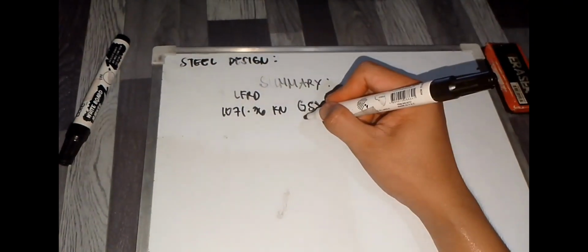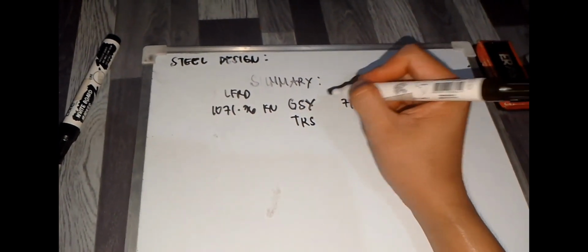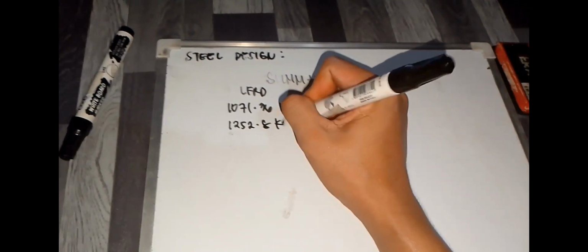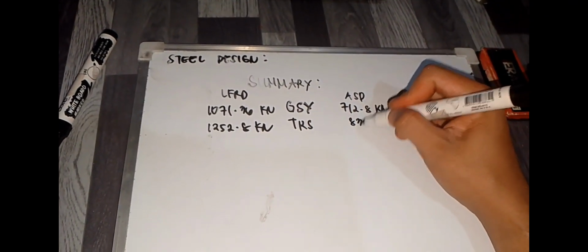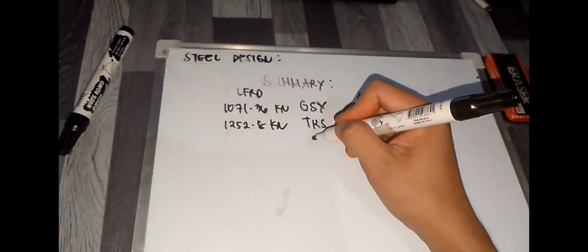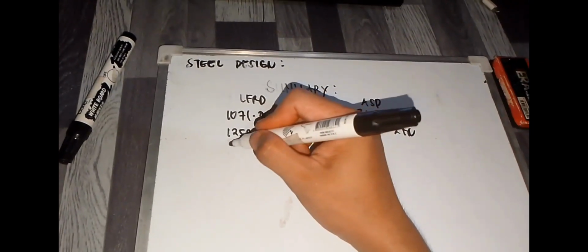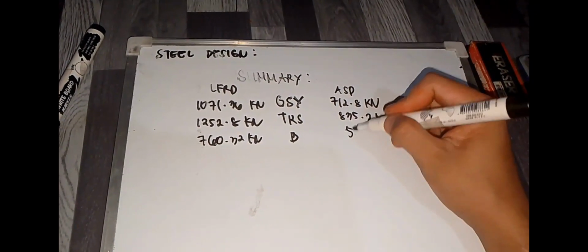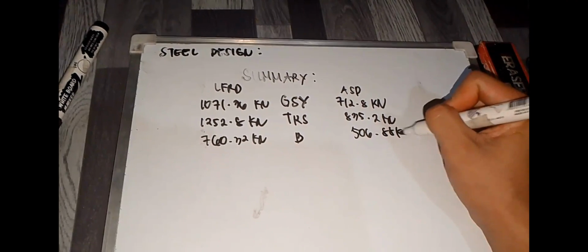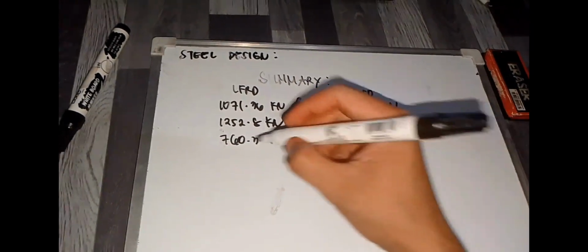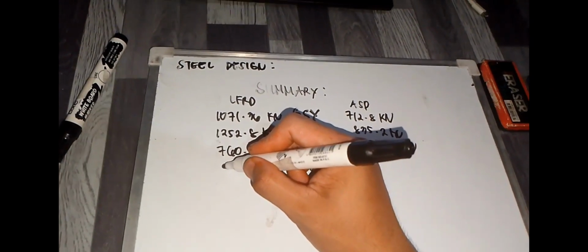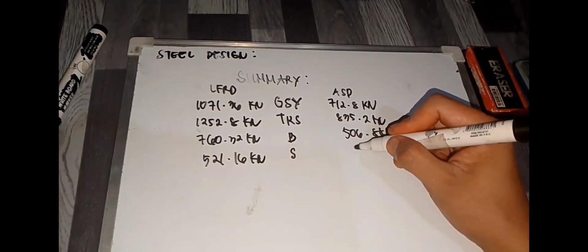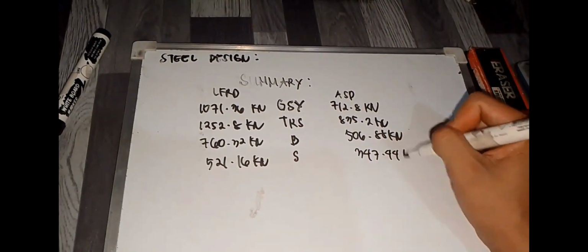For tensile rupture strength, LRFD is 1252.8 kilo Newton, and ASD is 835.2 kilo Newton. In bearing, LRFD is 760.32 kilo Newton, and ASD is 506.88 kilo Newton. In shear, LRFD is 521.16 kilo Newton, and ASD is 347.44 kN.